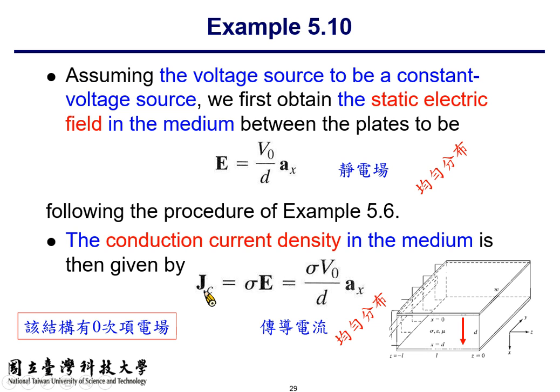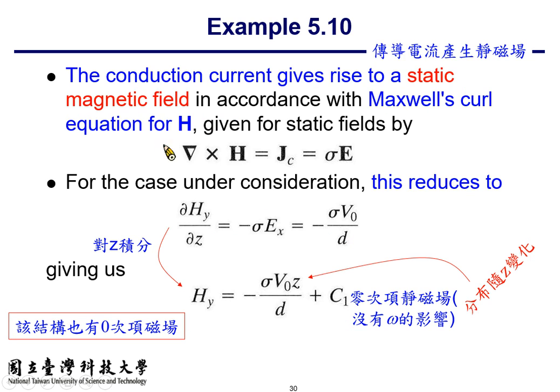The presence of electrical charge will produce electrical field directly. The presence of current will produce magnetic field directly as well. So here we have zeroth order of electrical field, and due to the presence of conducting current, you should have zeroth order magnetic field at the same time.